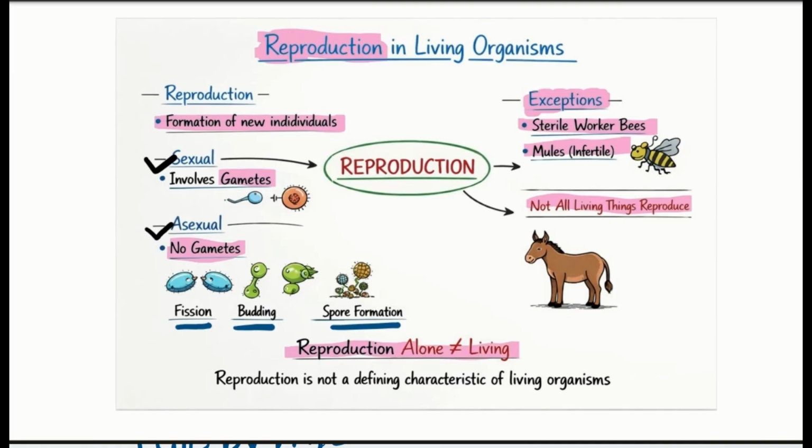Reproduction alone cannot define life. It is not a defining characteristic of living organisms. So remember, most living organisms reproduce, but not all. Therefore, reproduction alone is not enough to say something is living.